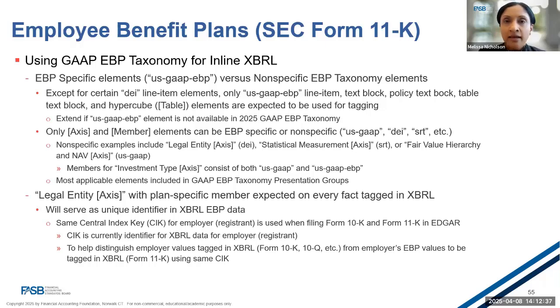And currently, the CIK is being used as the unique identifier for the XBRL data for the employer values filed in the 10-K. And so to be able to distinguish those values in the 10-K from the employer's values for the EBP to be filed in the 11-K, a unique identifier is needed, and the mechanism for doing that is the legal entity axis with a plan-specific member.